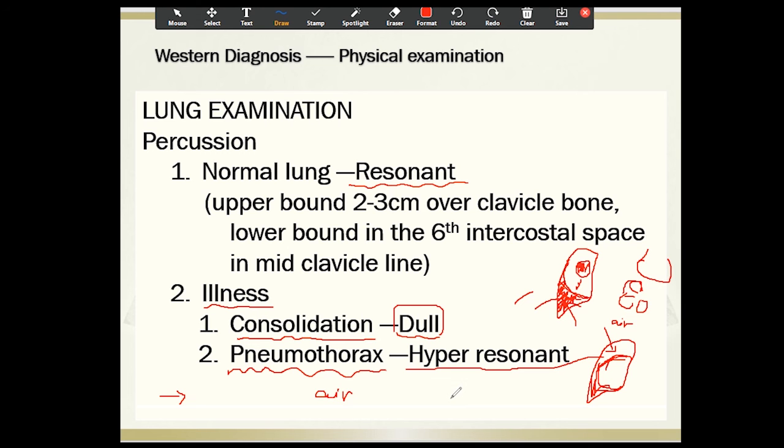So those are two kinds of situations that can change the sound coming from the lung. When we hear the sounds change, we know some illness happens in a different part of the lung.